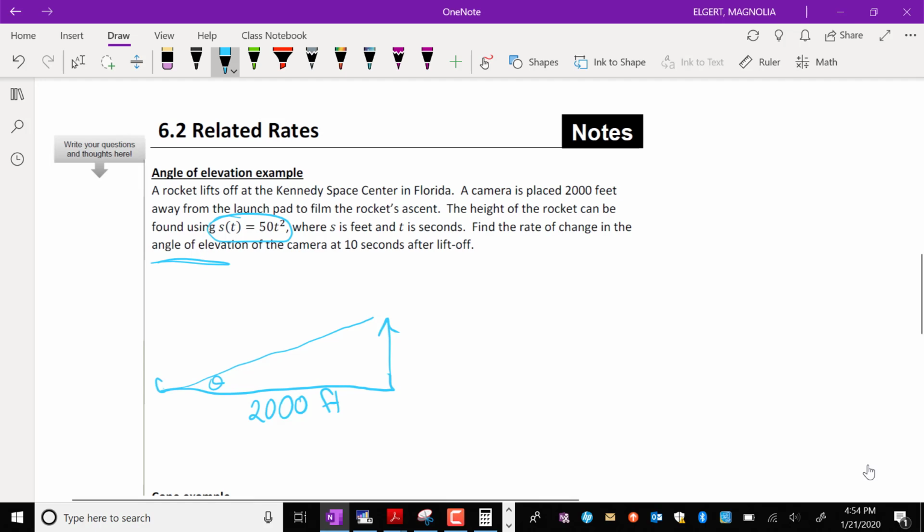So we have a rocket, and we have a vertical and a horizontal. We don't really care about the hypotenuse. This is an angle, so we're talking SOHCAHTOA, so we're talking tangent. The tangent of theta equals some height, we don't know, over 2,000.